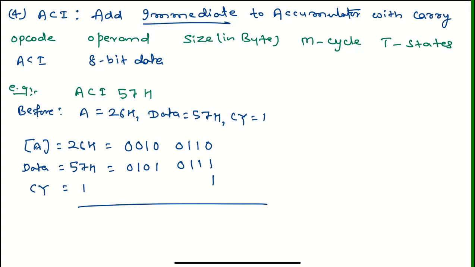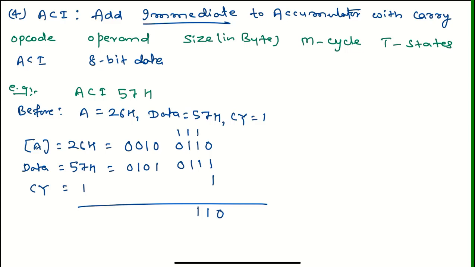So from the first stage 0 plus 1 plus 1, sum will be 0 and carry will be 1, which can be added to the second stage. So at the second stage 1 plus 1 plus 1, so sum will be 1 and carry will be 1, which can be added to the next stage. So in third stage 1 plus 1 plus 1, so this sum will be 1 and carry also will be 1 here.